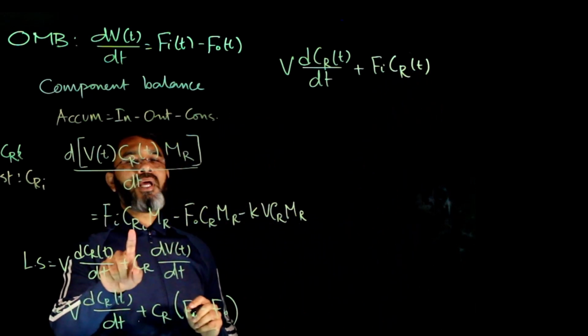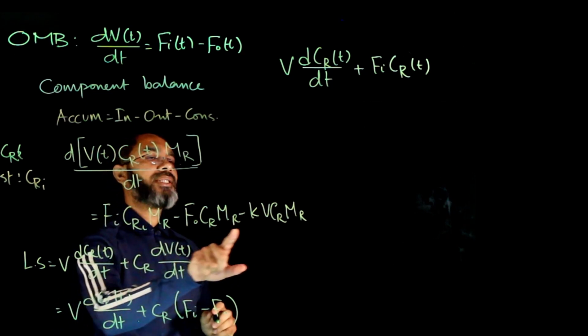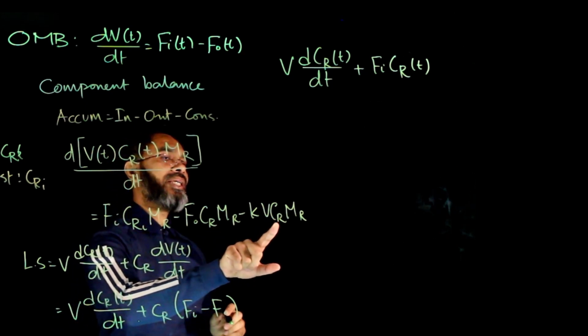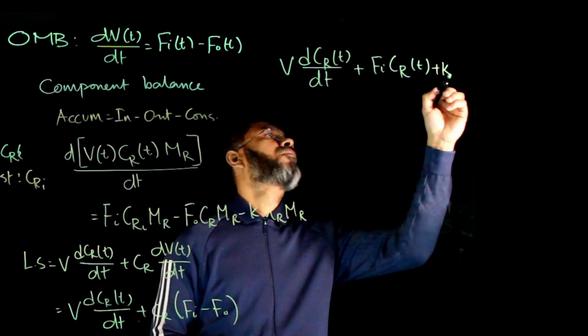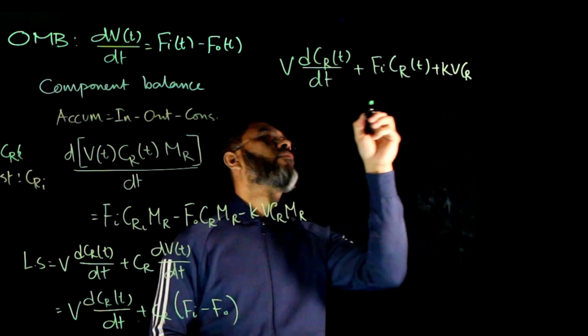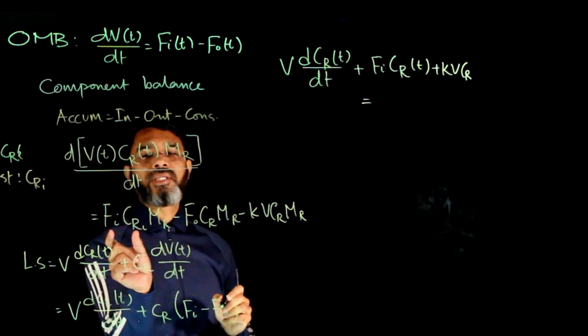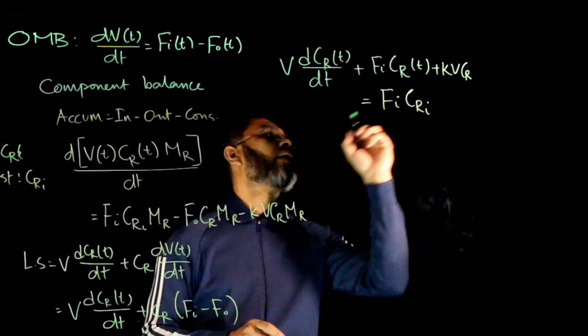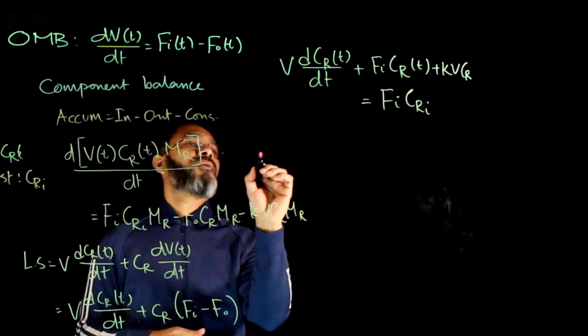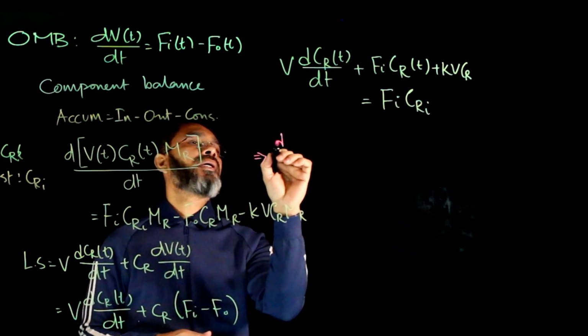On the right hand side we'll have this term, and this term gets cancelled, and we'll have this term. So I'll just take this term on the left side to get, on the right hand side we'll have only one term, Fi CRi.